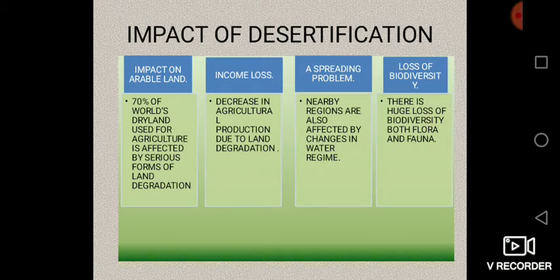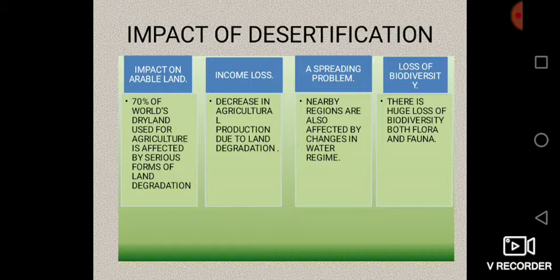Impact of desertification. First is impact on arable land. About 70% of the world's dry land used for agriculture is affected by serious forms of land degradation. Income loss: decrease in the agricultural production due to land degradation is leading to loss of income, a spreading problem.